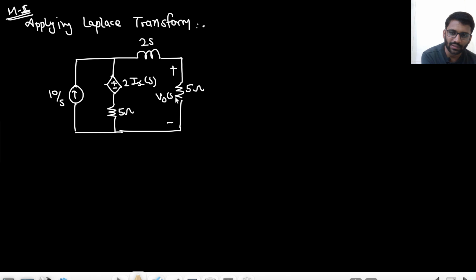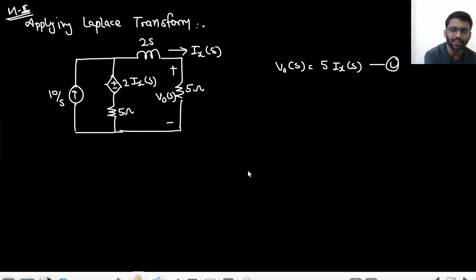This is V naught S. This is Ix of S, right? Now I need to write V naught S. What is my V naught S? V naught S is 5 into Ix of S. This is equation 1. I just need to find Ix of S.